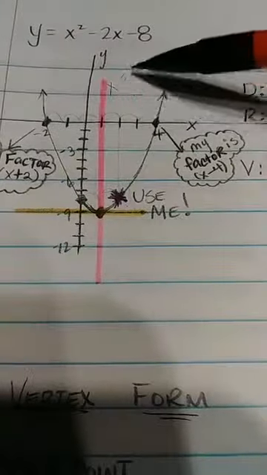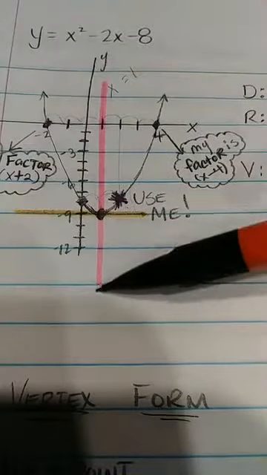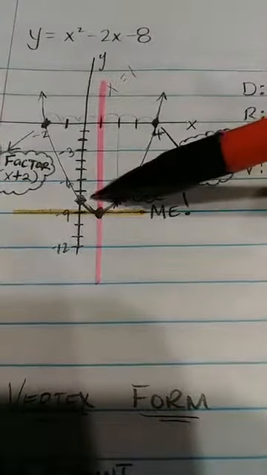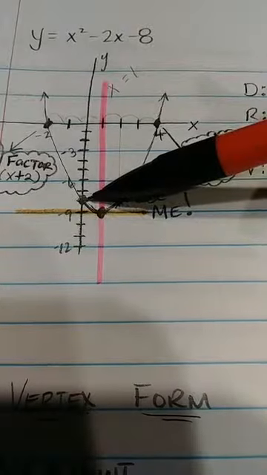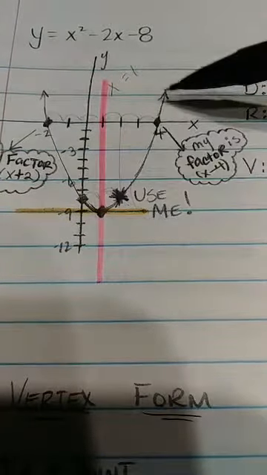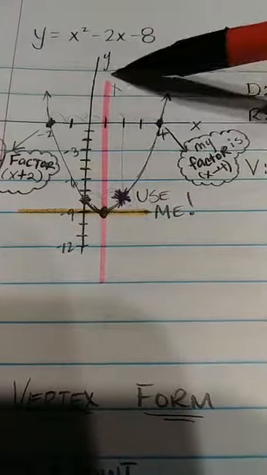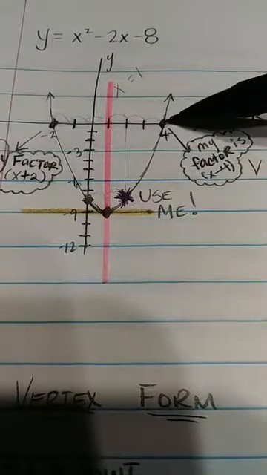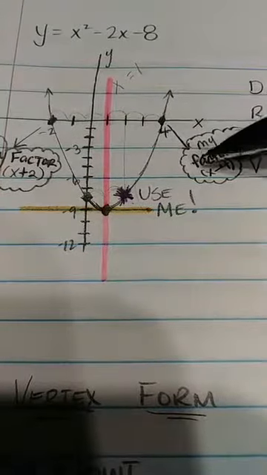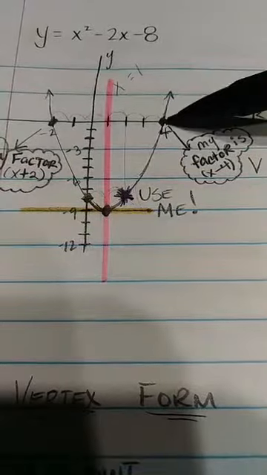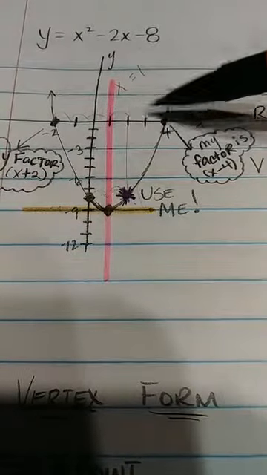Real quick, let's just review how we know that x equals 1 is the axis of symmetry. You can look to see if the distance from the axis of symmetry to the root or roots are the same. So I'm going to count 1, 2, 3, yay.